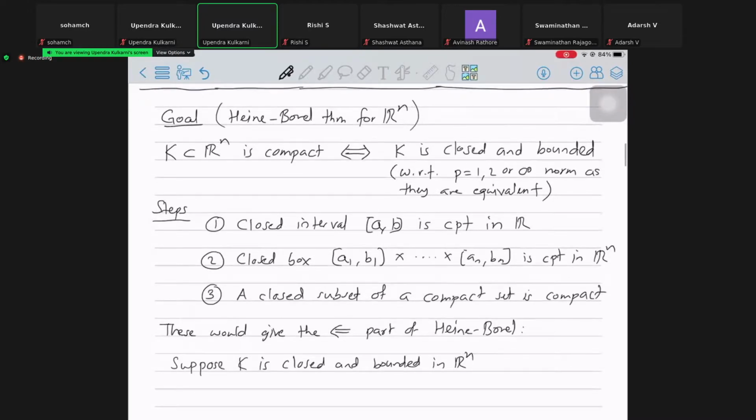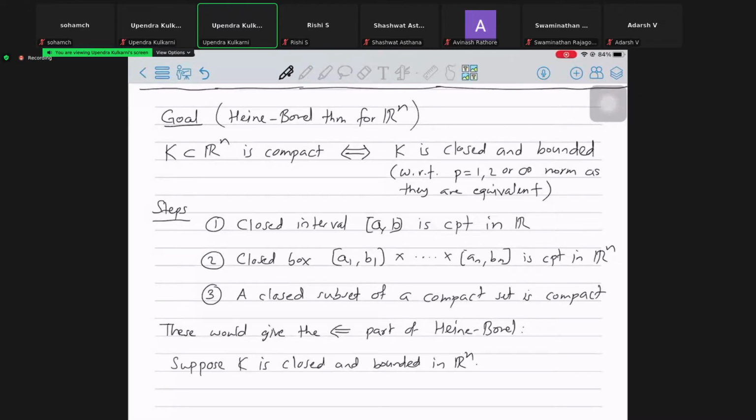This is not difficult. We can put a box around K. So if K is bounded, then we might as well use p equal to infinity. That means that in each one of the slots, it is bounded. So everything in the first slot is within some interval. So pick some large bound that works in each slot.